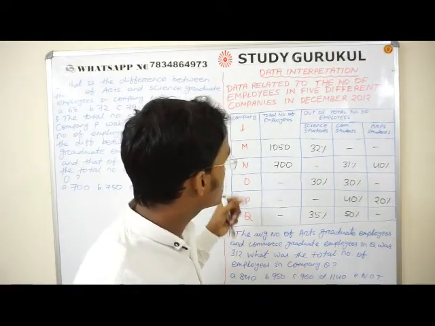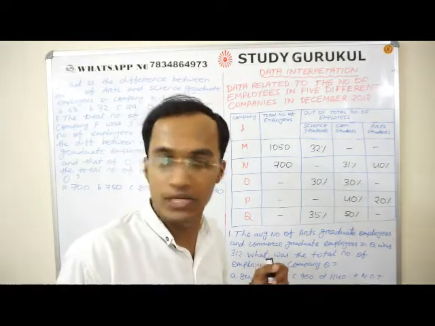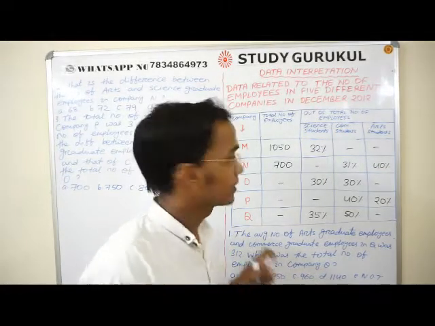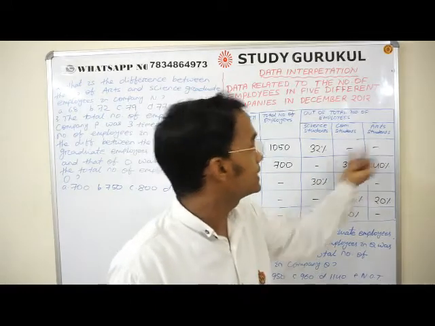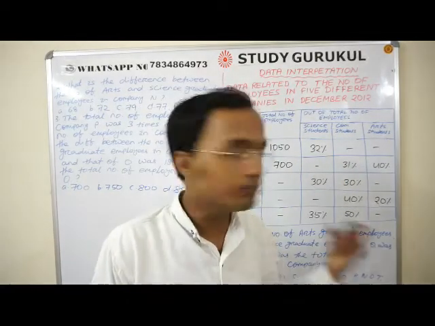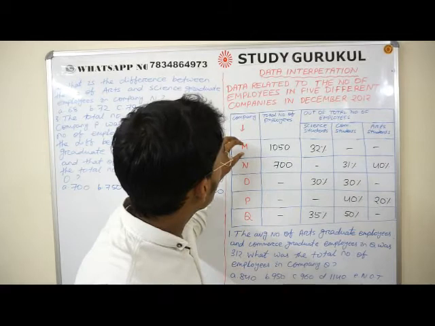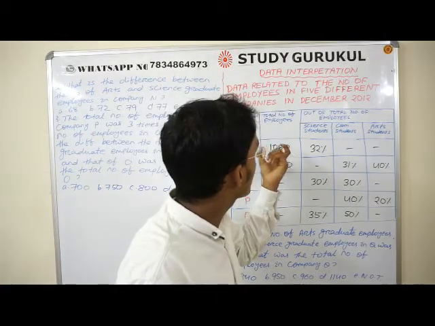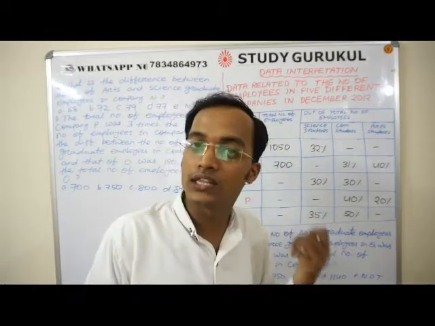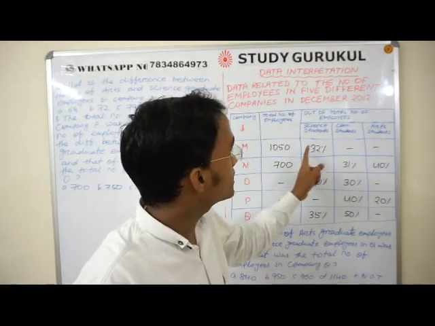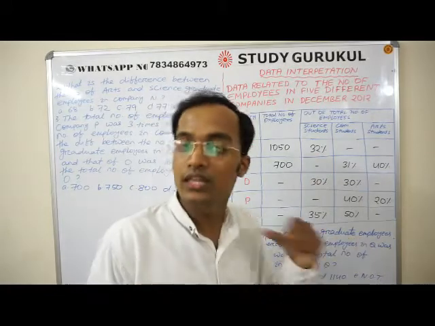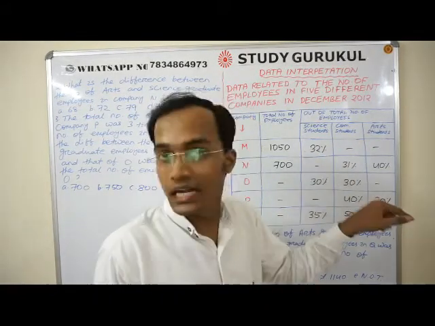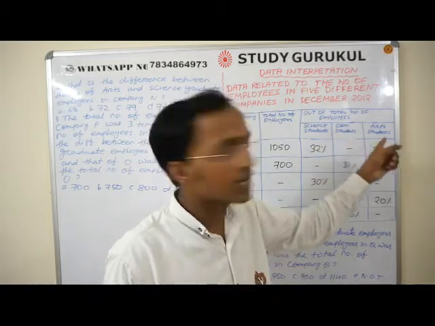This data is given for 5 different companies, M, N, O, P and Q, and some parts are missing. So this is called missing DI. If we take company M, then the total number of employees of company M is 1050, and science students are 32%, and the other remaining 68% are commerce and arts students.